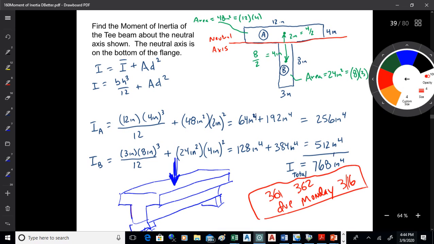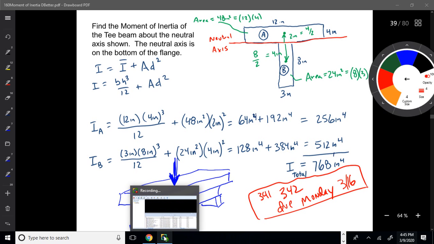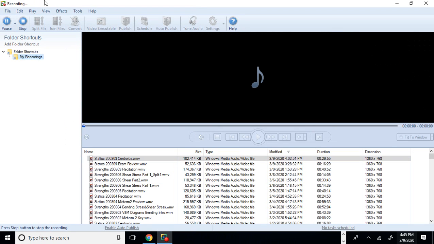Let's do Monday the 16th, which is a week from today. And those are centroid. Those are the wrong problems. I'm sorry, 341 and 342, those are centroid. We're trying to do centroid. So 341 and 2. Let's try that again. 341, 342. Okay, so 341 and 2 are going to be due Monday of next week.